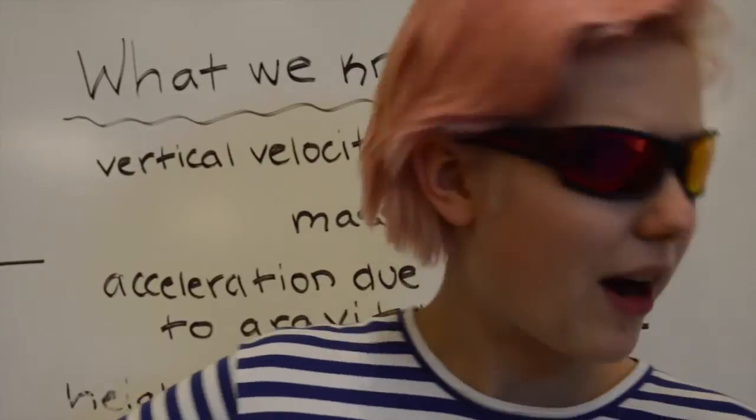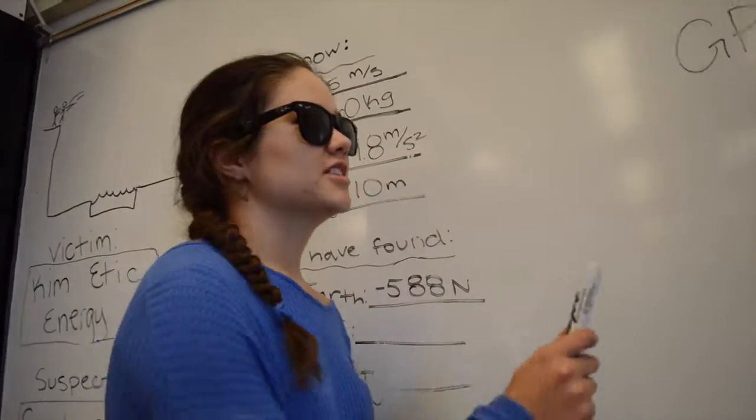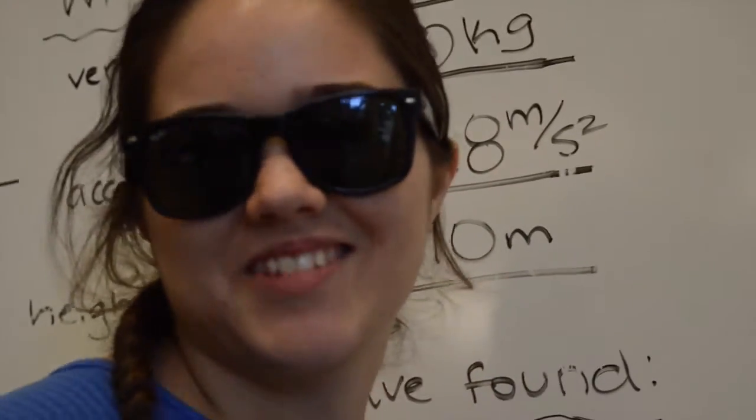What about her gravitational potential energy? What would that be? Her gravitational potential energy, or her GPE, is the amount of energy she would have had at the top of the building.